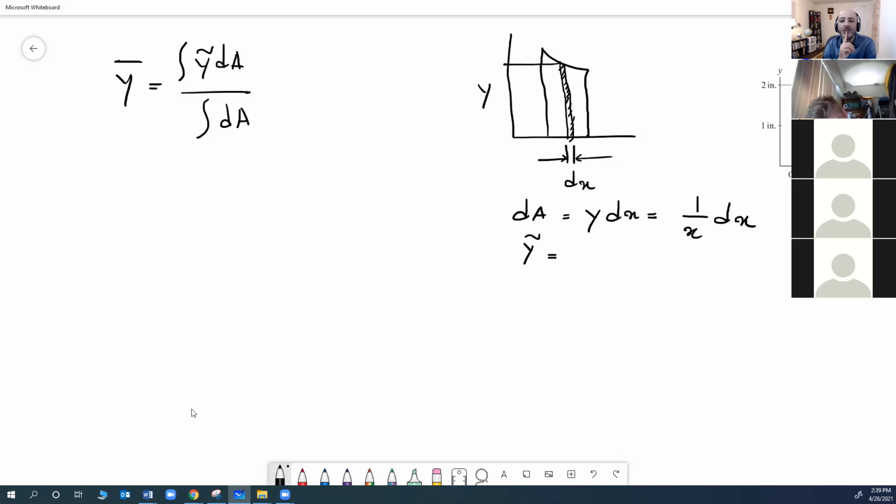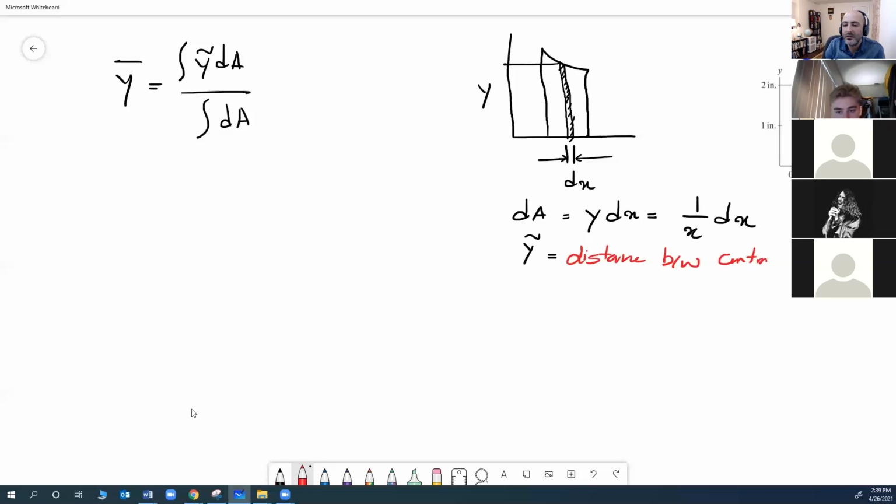What is y tilde here? First, what is y tilde in words? Guys, remember? That's the distance between the centroid of dA and the x-axis. The centroid of dA is going to be kind of in the center, right?